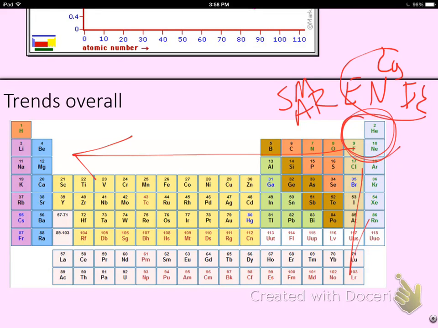The other property sometimes we talk about is metallic character, and metallic character, of course the elements are organized, so the metals are here, so of course it's going to be closer to this side, it's going to be higher metallic, right?